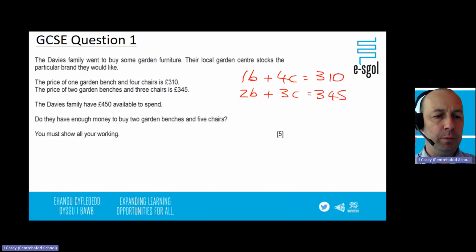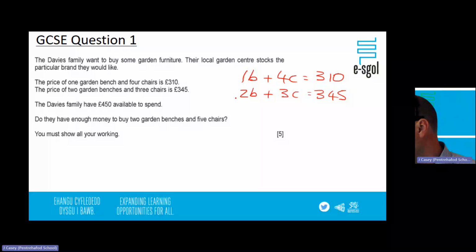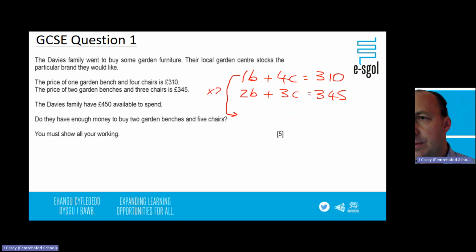Now, I'm not a big fan of these two because they haven't got the same coefficients. The number in front of B is 1 in one equation, and the number in front of B is 2 in the other. So that's not ideal. But because one of them is 2 and one of them is 1, I only really need to multiply this one. So I'm going to times that one by 2.